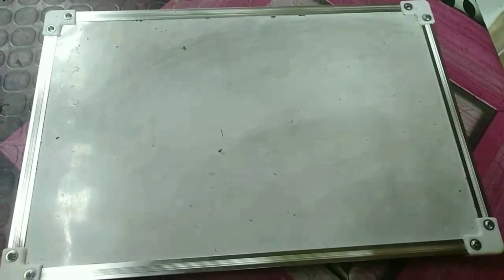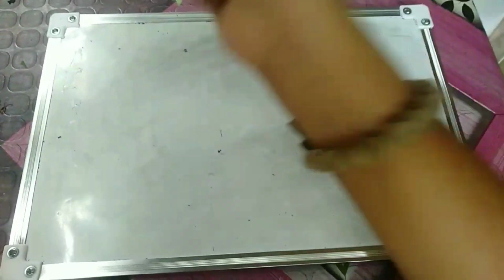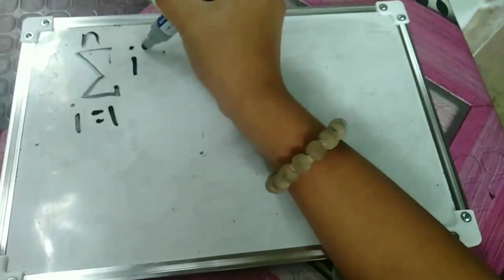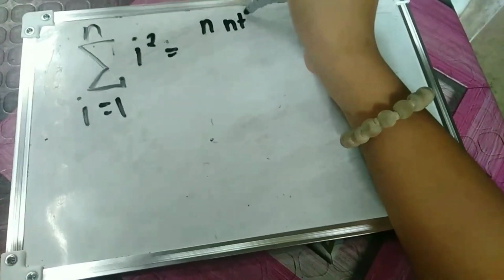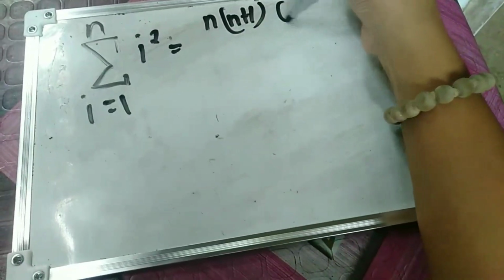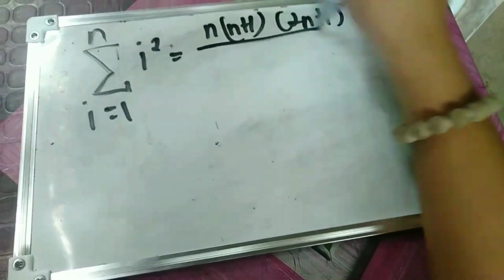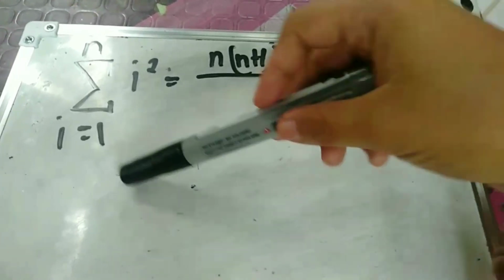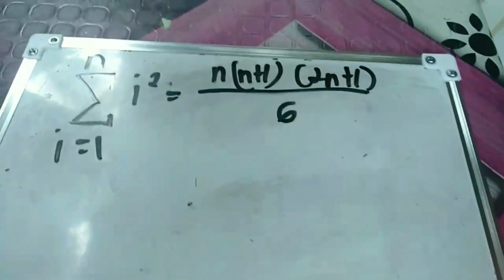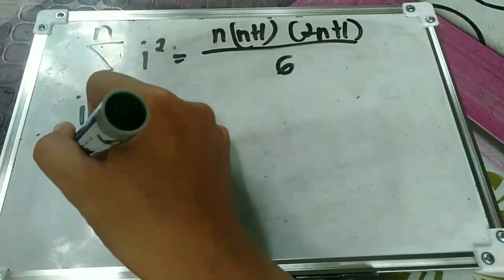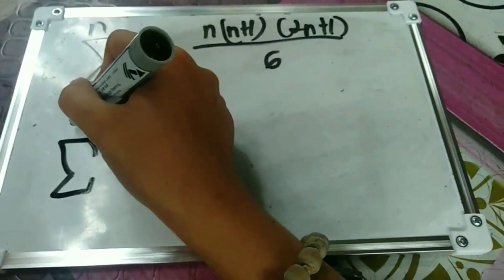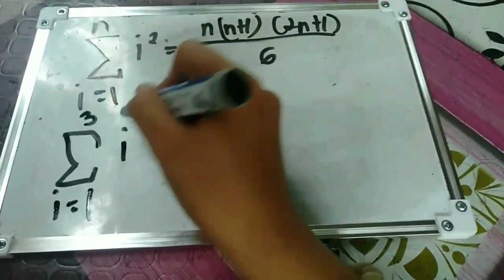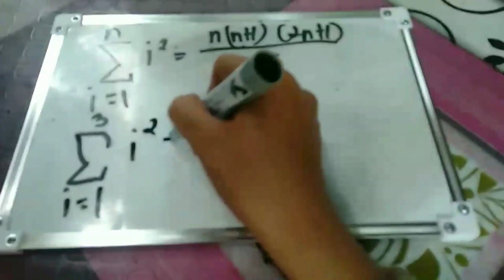So now let's try the formula with the given example. So let's write summation from i equals 1 to n of i raised to 2 equals n times n plus 1 times 2n plus 1 divided by 6. So i-try natin itong formula at yung variable i naka-raised to 2. So the given is n equals 3 and i equals 1.